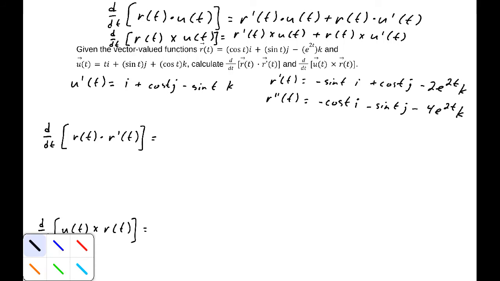Now, applying our definition of the derivative of a dot product of vector valued functions, the derivative with respect to t of r of t dotted with r prime of t is going to be equal to r prime of t dotted with r prime of t plus r of t dotted with r double prime of t, the second derivative.